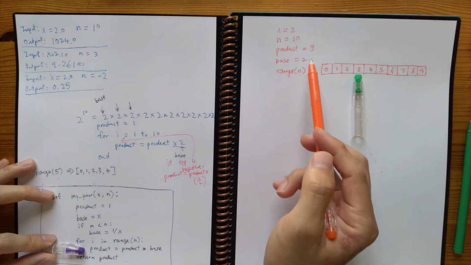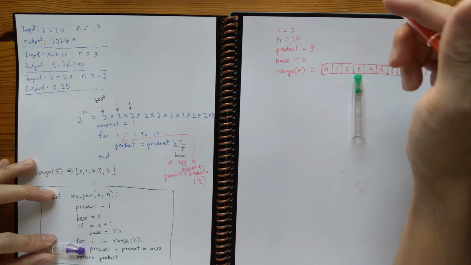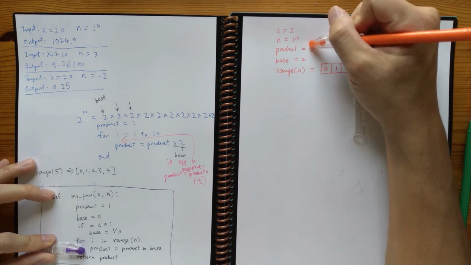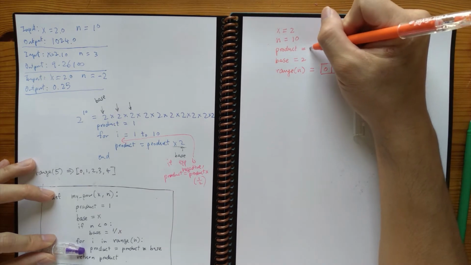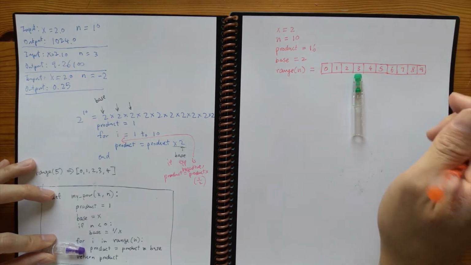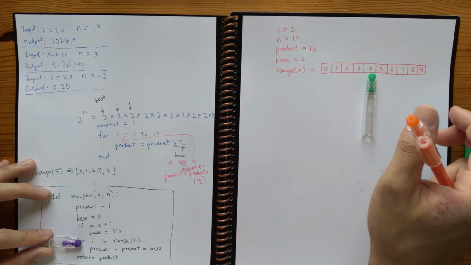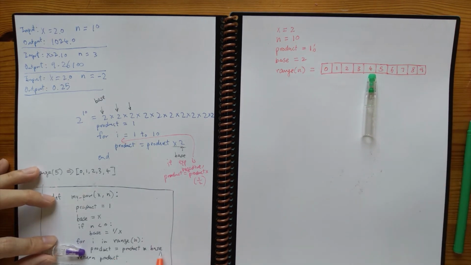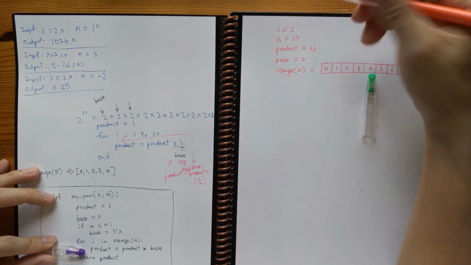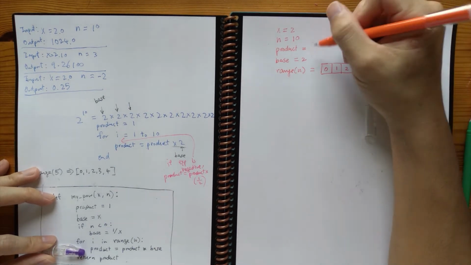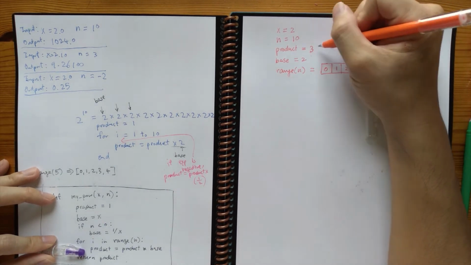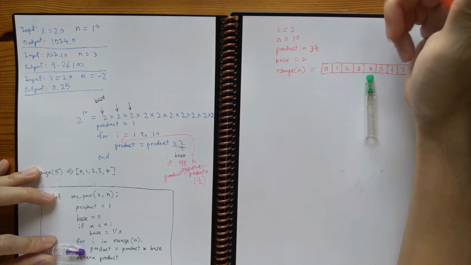Product times base. 8 times 2 is going to be 16. Okay, move this over again. Do the same thing. 16 times 2 is 32.